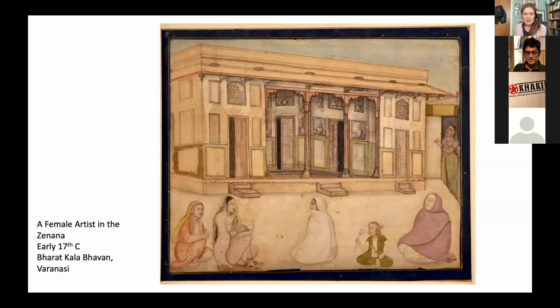This little painting in the Parak Kala Bhavan, I think, is a wonderful exploration of the problem of female portraiture in the Mughal court. So we have this female artist, and she's in the zenana, and we can see other women of the court sitting around looking on. And she's sitting here drawing, and this is the lady that she's drawing.